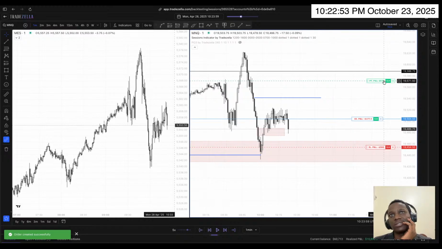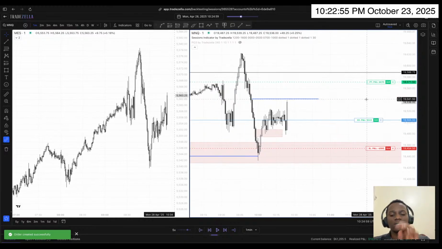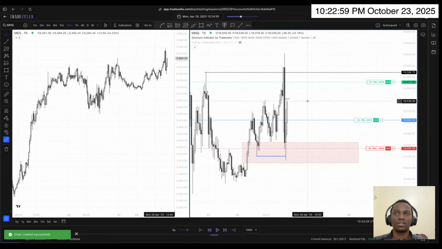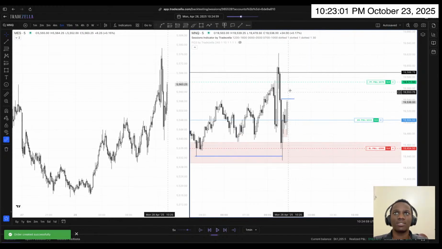Okay, crazy consolidation. Now I check the 5 and the 15. I mean, the 15 is looking crazier. With the 5, this gap will be a definite target. A small 1-to-1, honestly, will be okay.